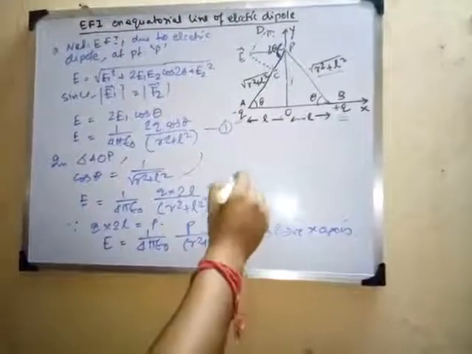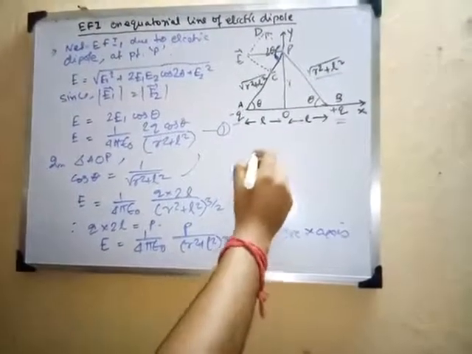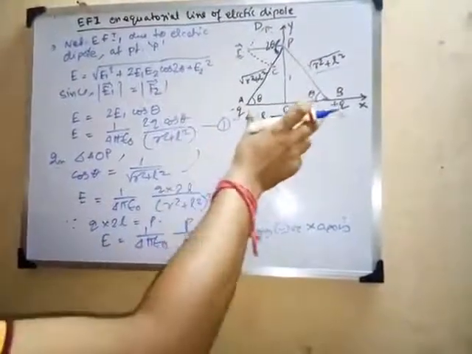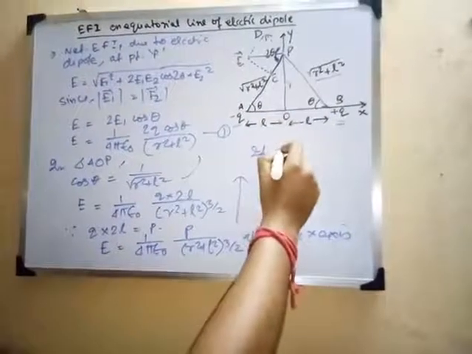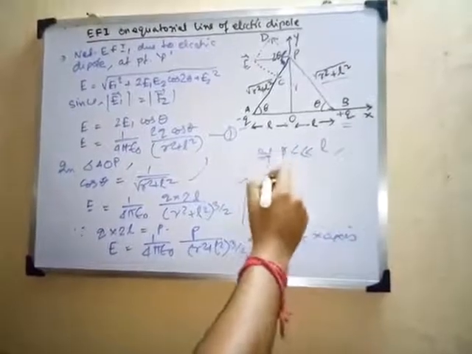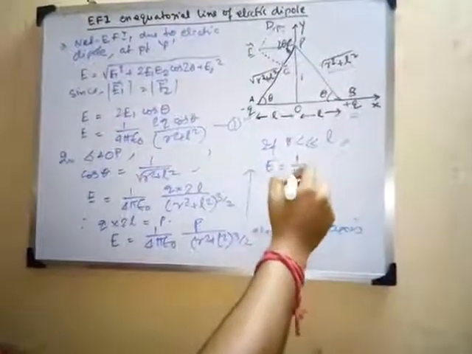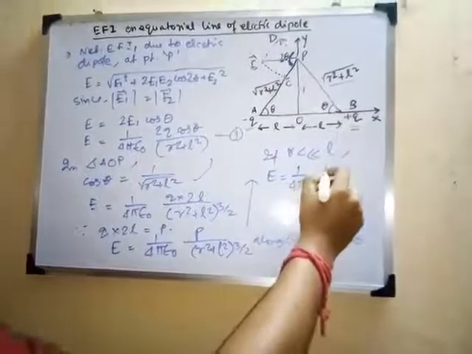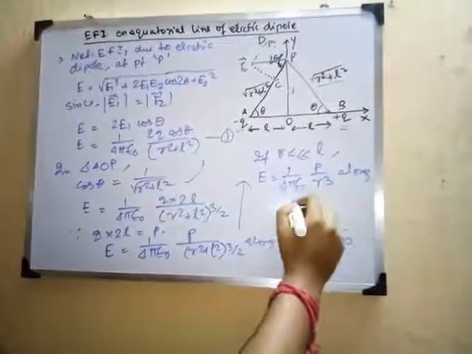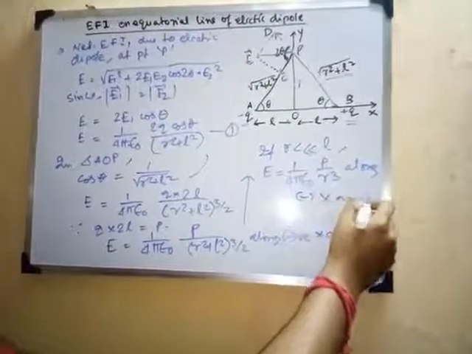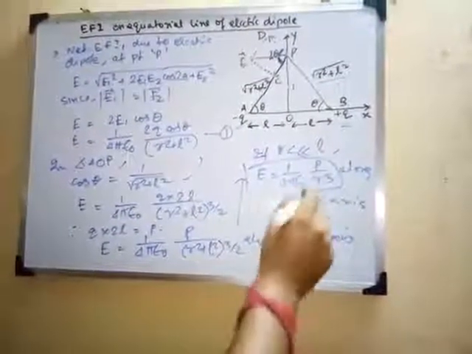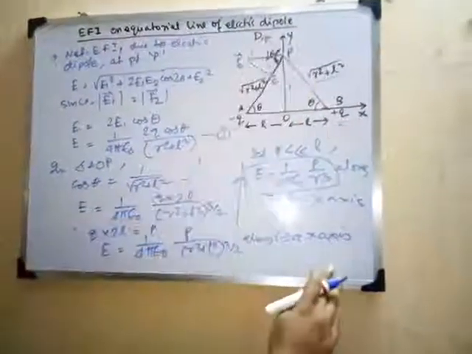Now if this distance r is very small, that is, much less than L, let us take this condition, we can simply write that E will be equal to 1 by 4 pi epsilon naught P by r cube along the negative x-axis. So this will be your expression for EFI on the equatorial line due to the presence of an electric dipole, right?